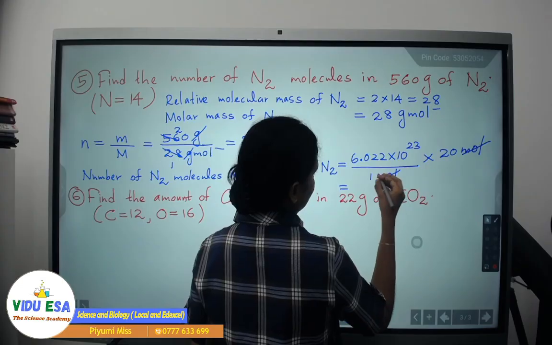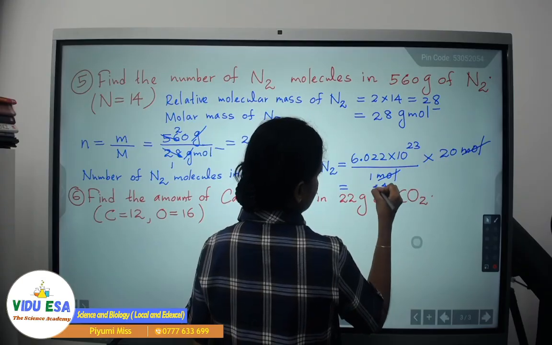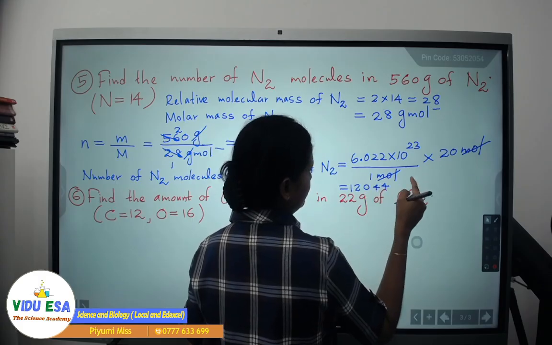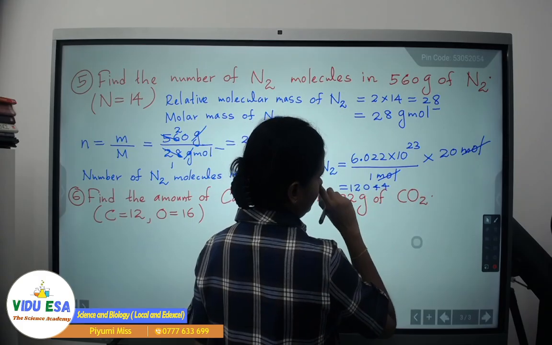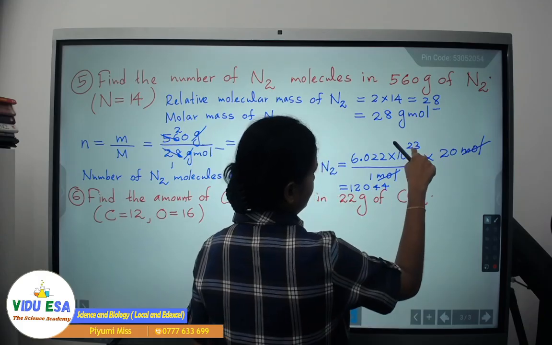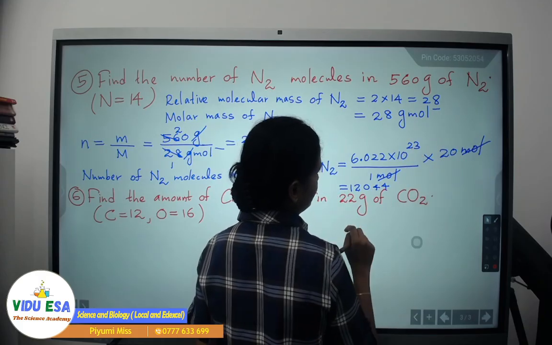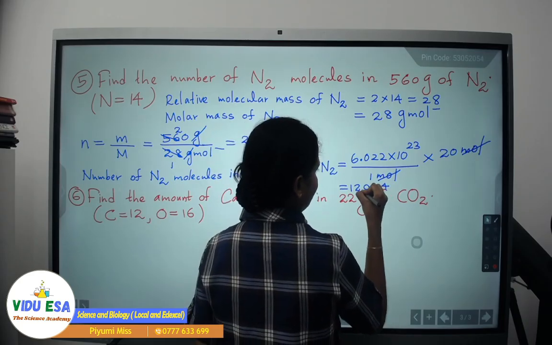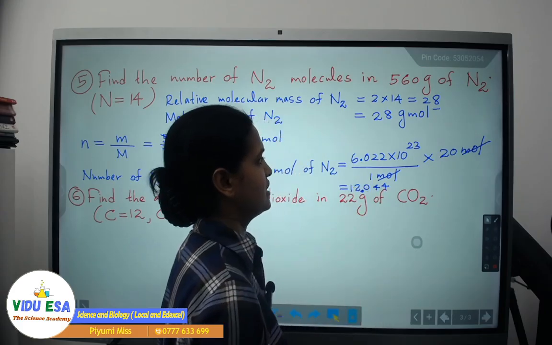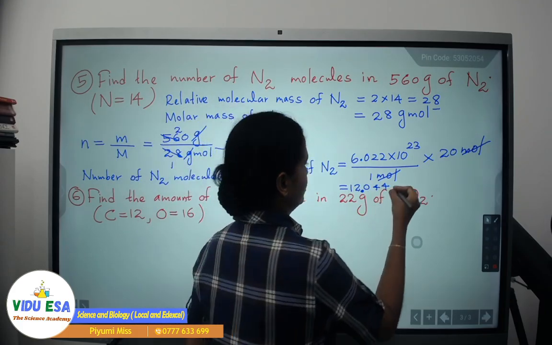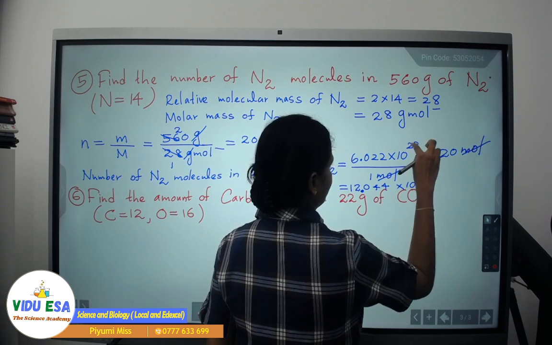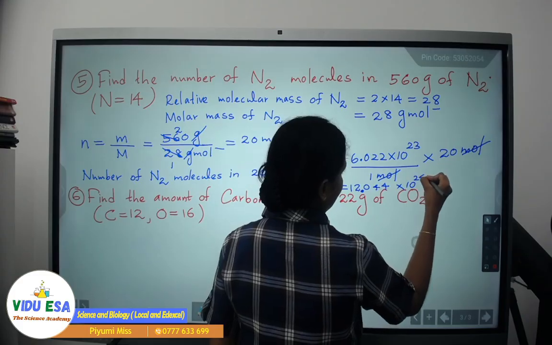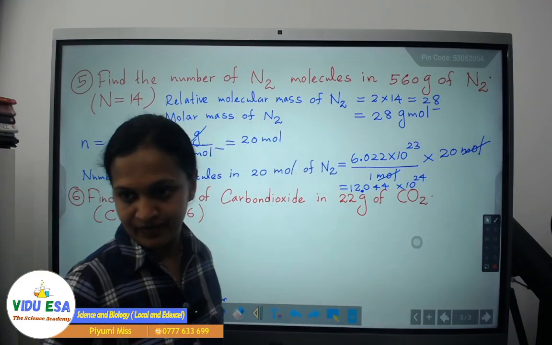I will write 12.044 into 10 to the power 23. Here there is another 10, so it became 24. Right?